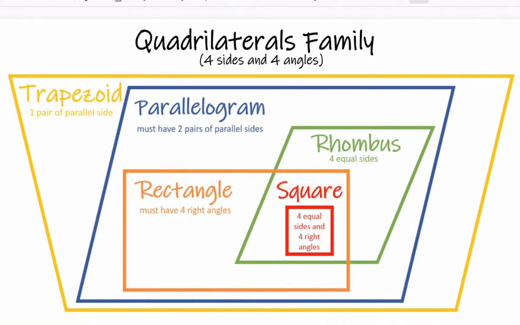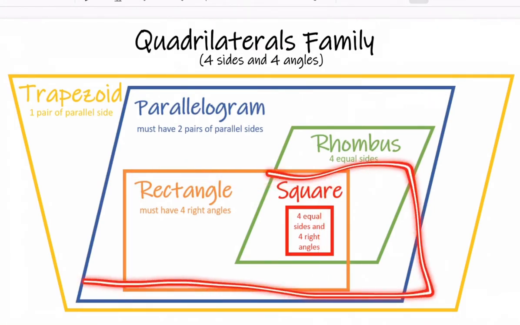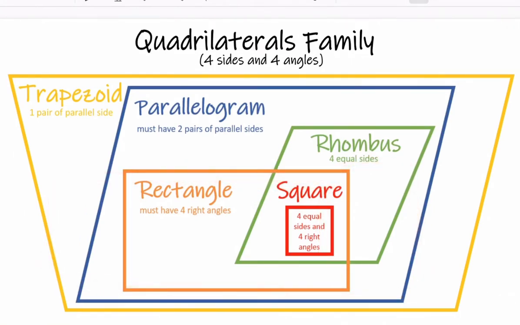You can stretch this out, or you can have even a smaller rectangle that looks kind of like a square, but there's only one way to make a square, right? It has to have four equal sides and four right angles, which combines these two definitions of a rectangle and a rhombus. And that's about it.